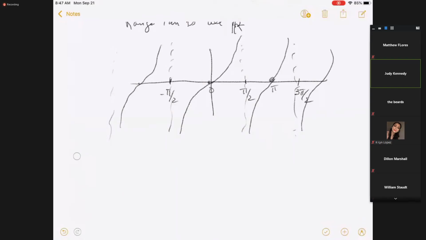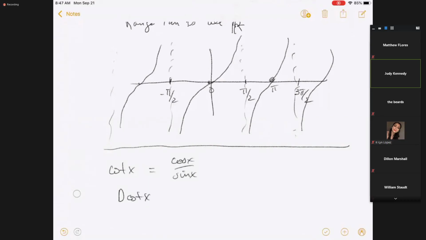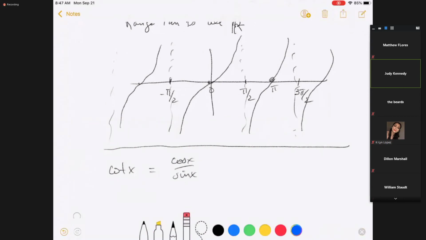And then the cotangent, okay, well, that's cosine over sine. So anywhere the sine is 0, you have a vertical asymptote for the cotangent. So its domain, oops, don't write that, that means derivative.